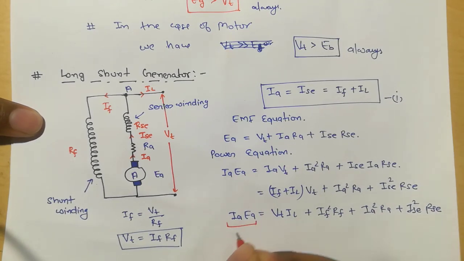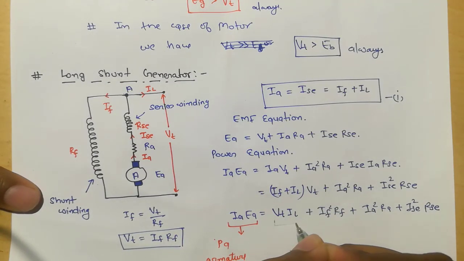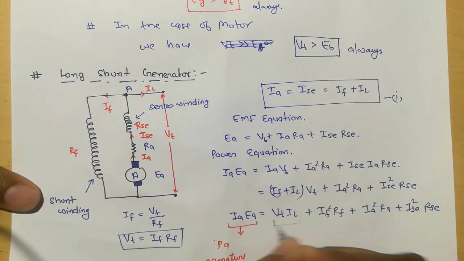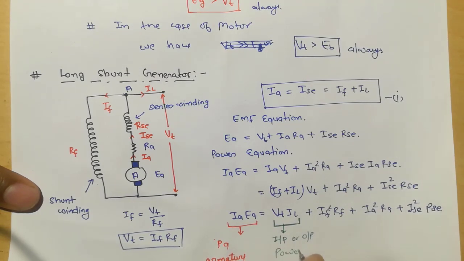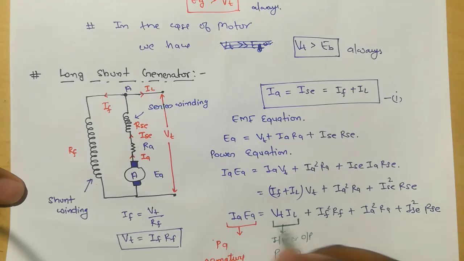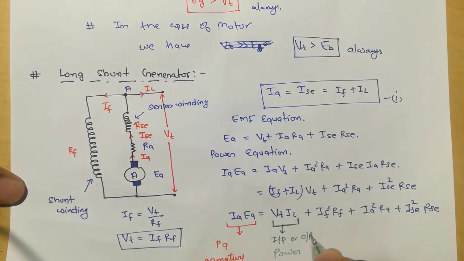Here this is our armature power, PA. The second one is our input or output power, depending on the case, but in the case of the long shunt generator this is output power.